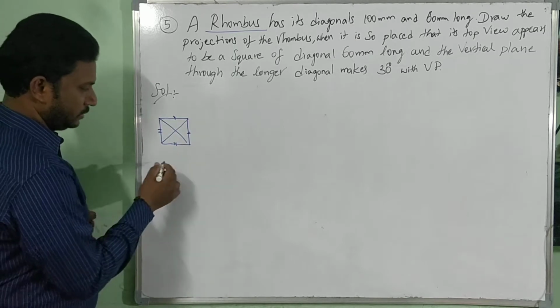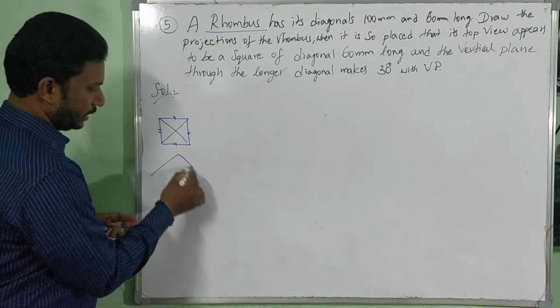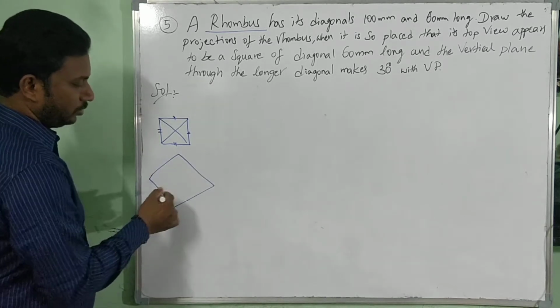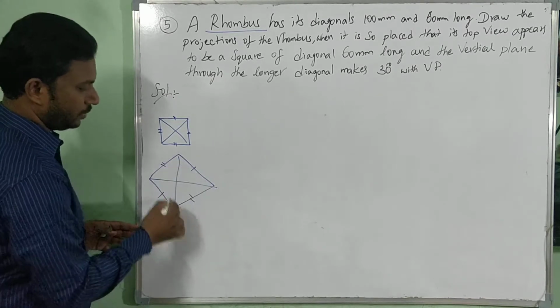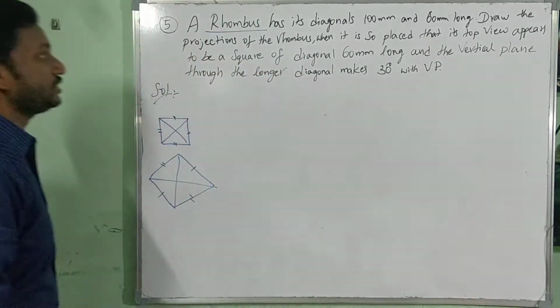Whereas a rhombus won't be like that, something like this. The diagonals will not be equal. I hope you know how a rhombus looks, right? That is the rhombus shape given.